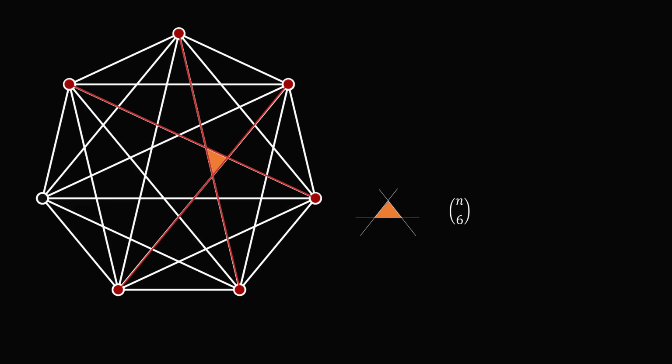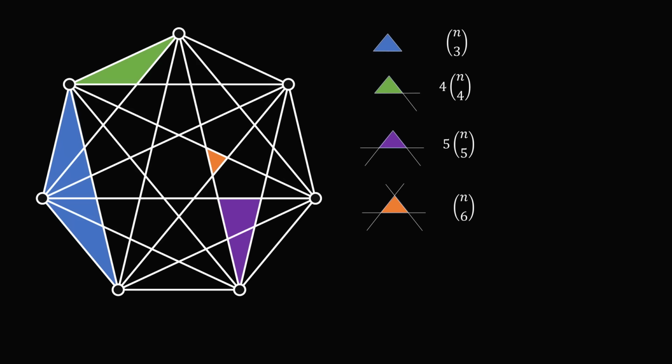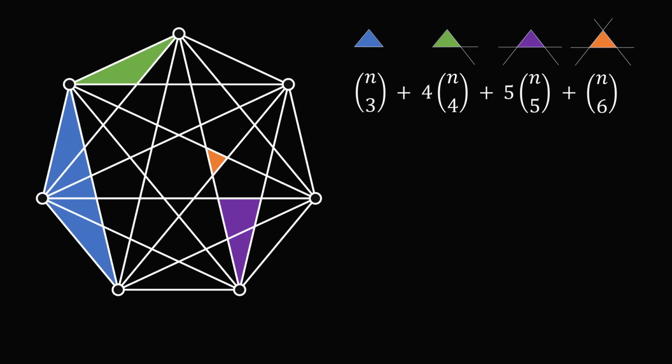So now let's put it all together. We have counted the number of triangles of each type. So in order to count the total number of triangles, all we need to do is add up each of these. And we have an incredible formula.